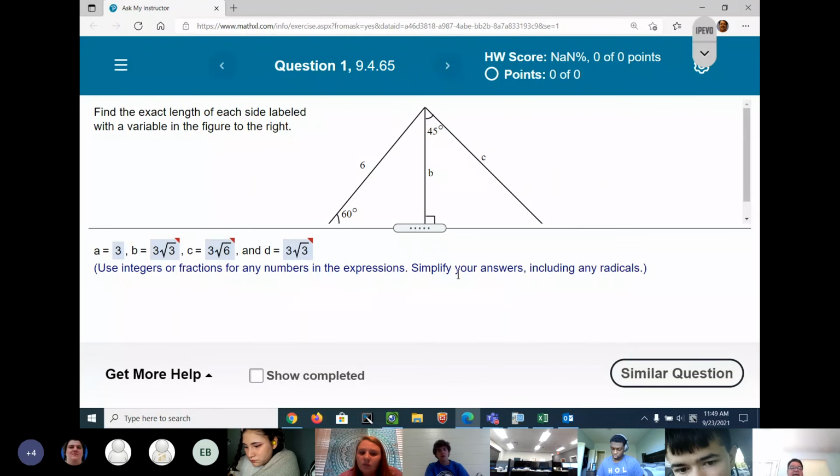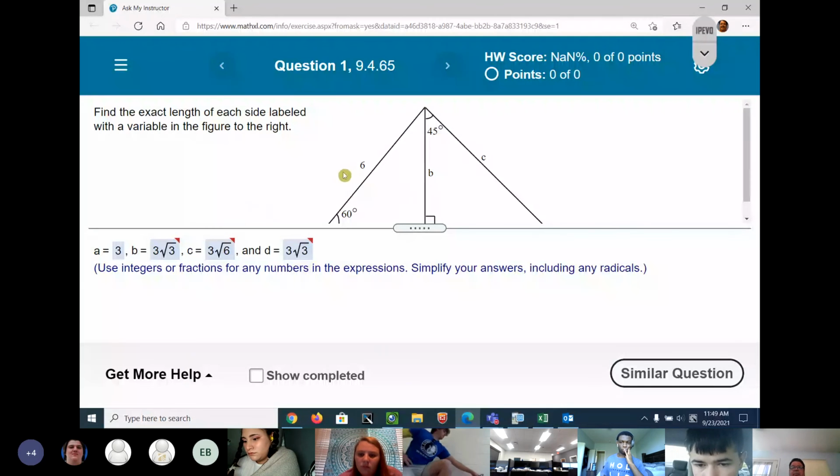It says use integers or fractions or numbers in the expression. Simplify your answers, including any radicals. So in my mind, as a math teacher, I can use integers, I can use fractions, I can use radicals. So to mark this question wrong because you put a decimal, to me, that's not correct.